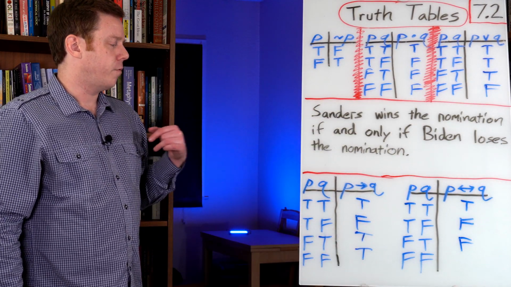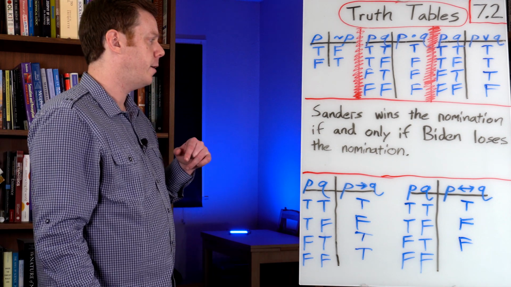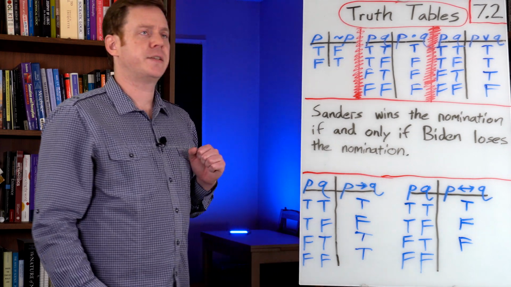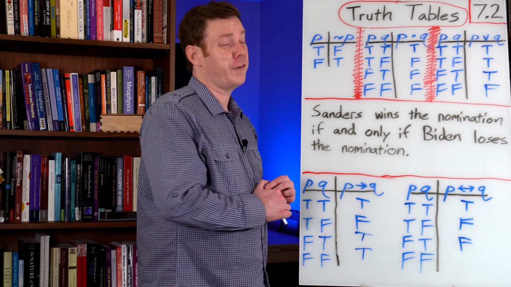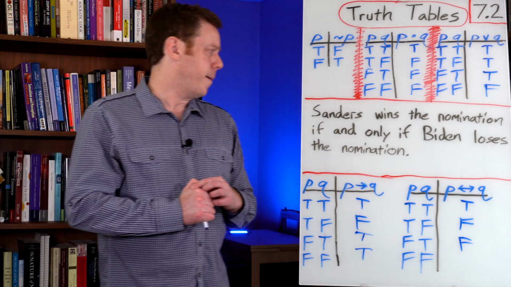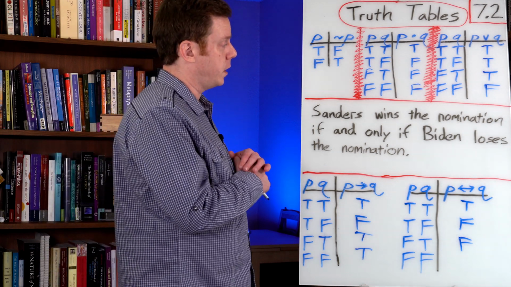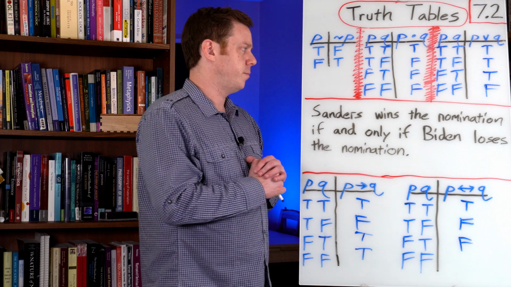Okay, what about the last one? The last one might seem a little odd. It's false that Sanders wins the nomination, right? So he didn't win, Sanders didn't win. But it's also false that Biden loses. So I guess Biden wins, and Sanders doesn't win.